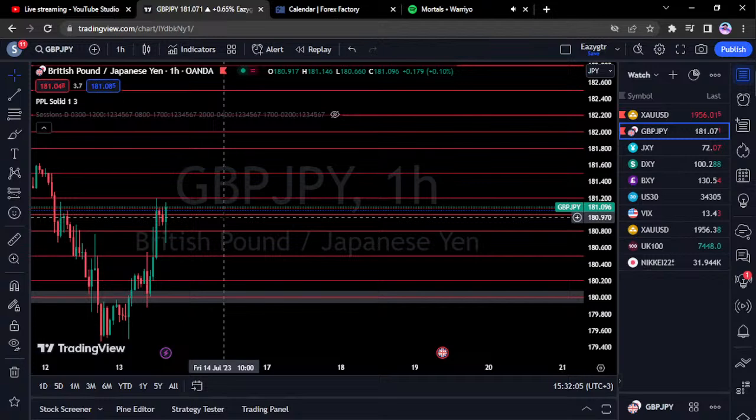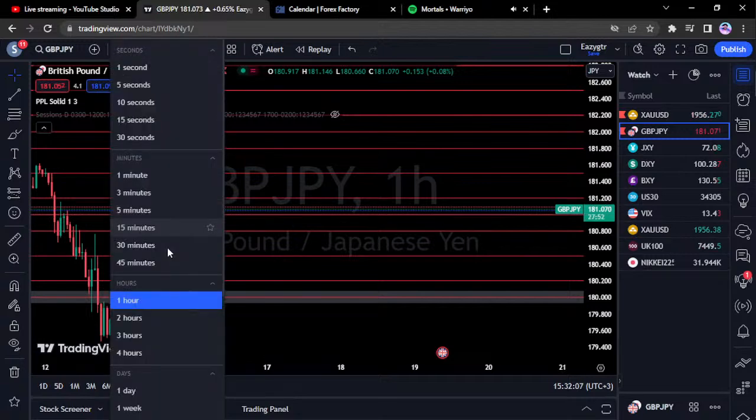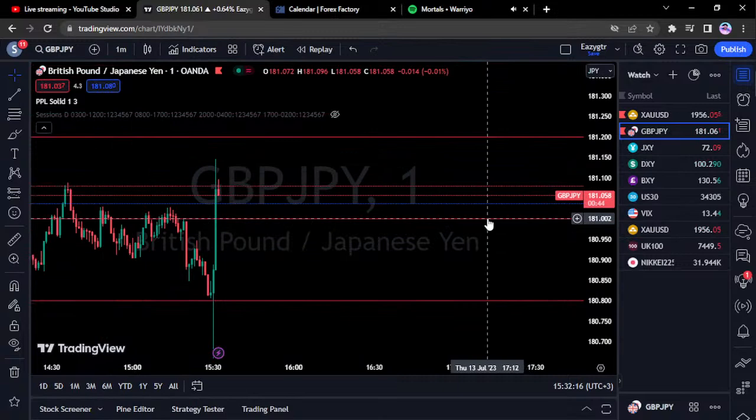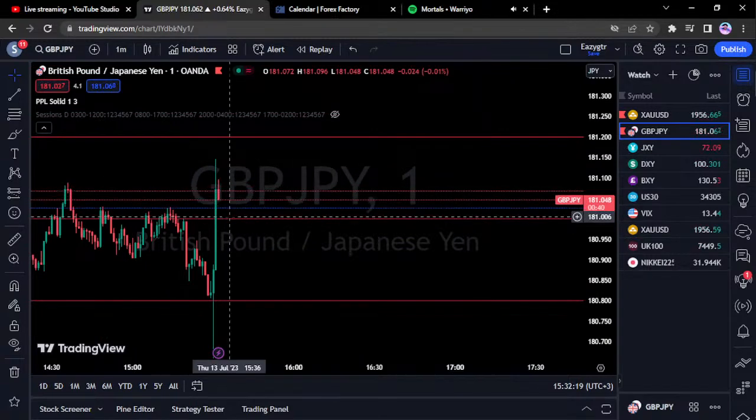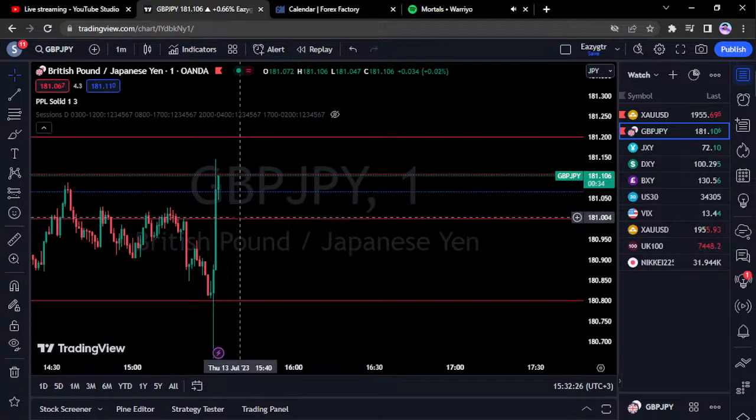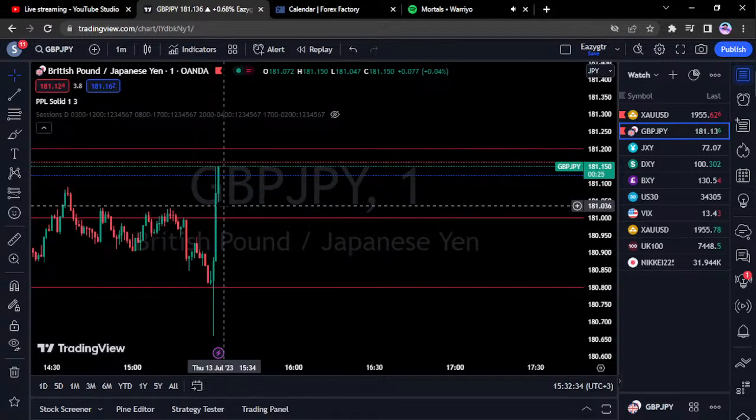So you can get entries on GJ if it retests 181 flat and maintains above. You always want to be quick on your hands while executing and managing trades, because immediately news is released, we have high volume.